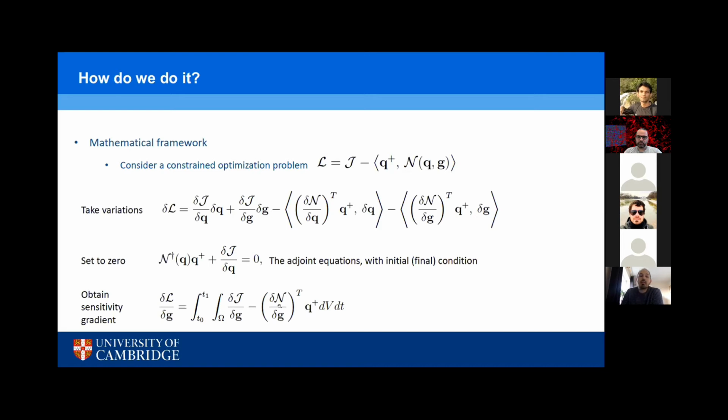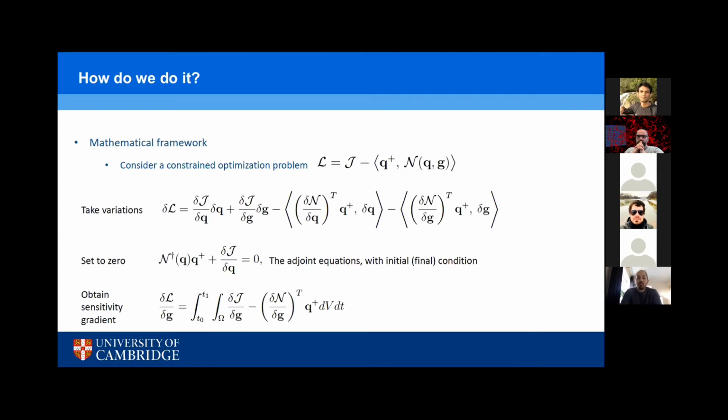So imagine that we have an initial condition, let's call it G. This initial condition defines how our simulation proceeds, and our simulation is governed by the nonlinear operator N. So once this initial condition affects our flow variables, it will affect our flow variables up to our time t, and that sensitivity is given then by the adjoint variable here.